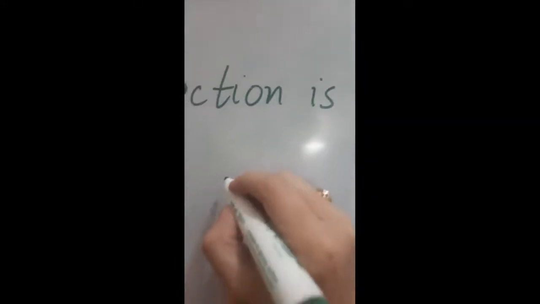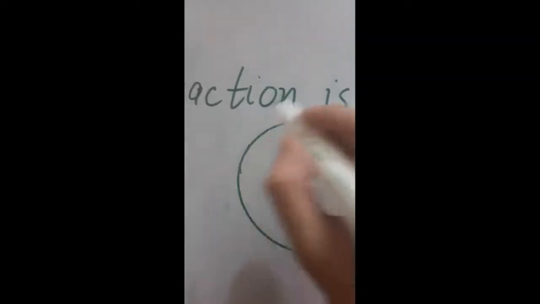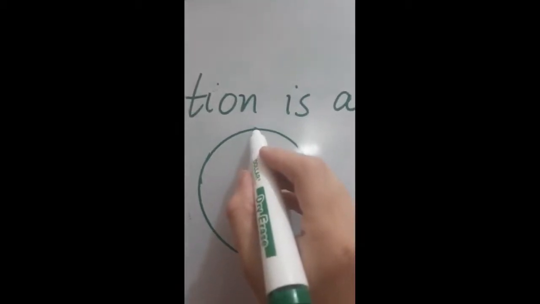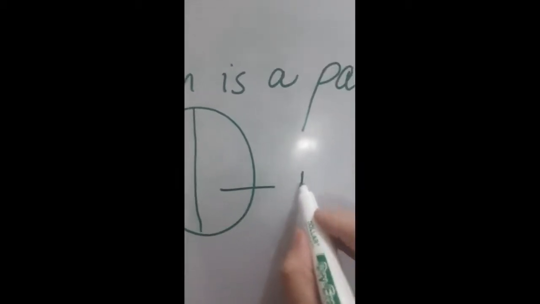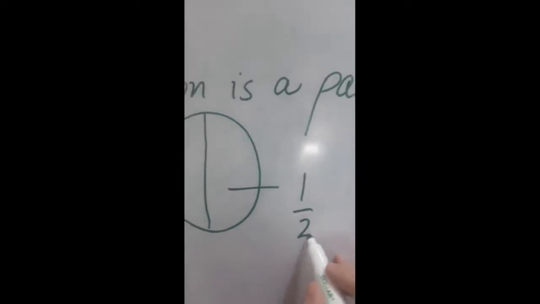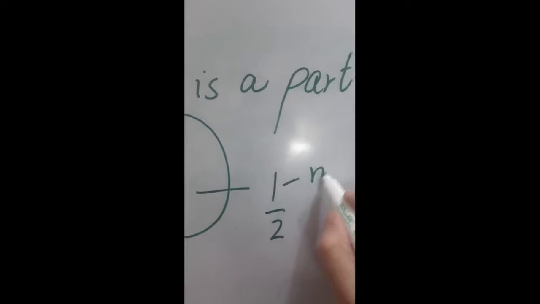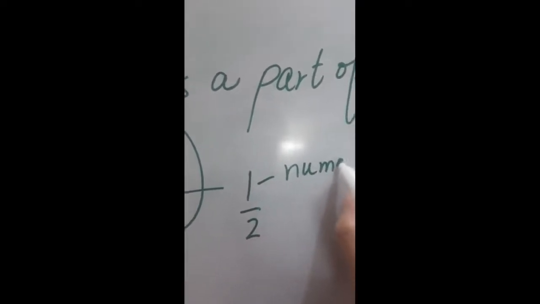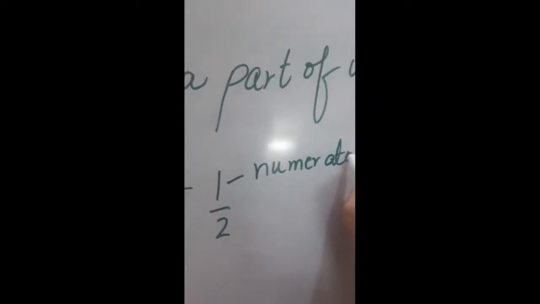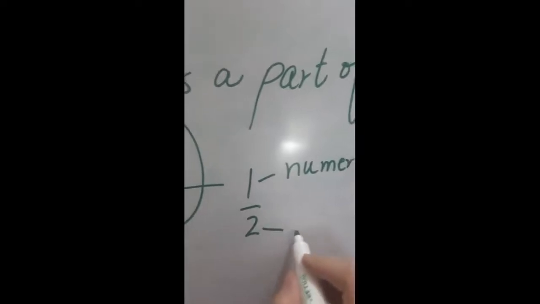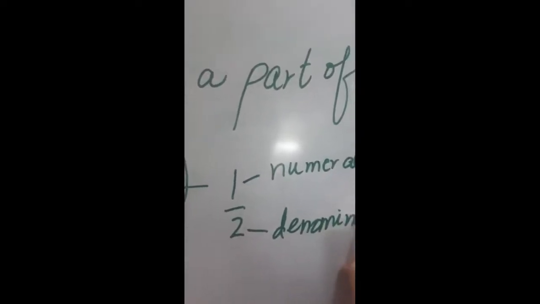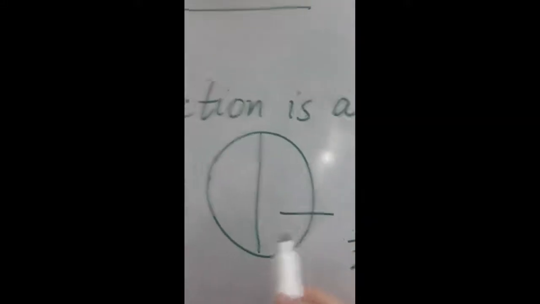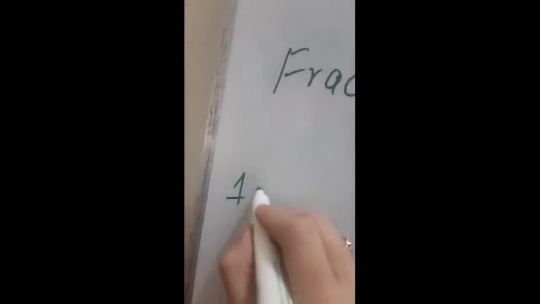Now suppose this is a circle and if I divide it into two equal parts, each part is 1 over 2. 1 is the numerator and the 2 is the denominator. Is that clear? Two halves will make one whole.